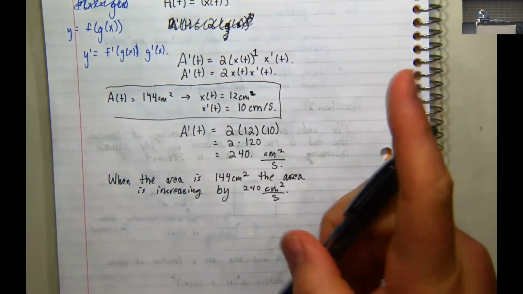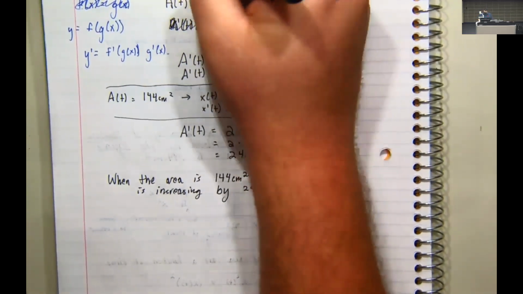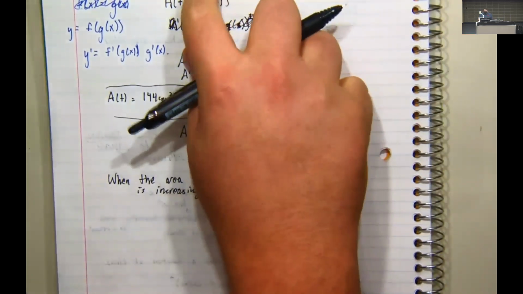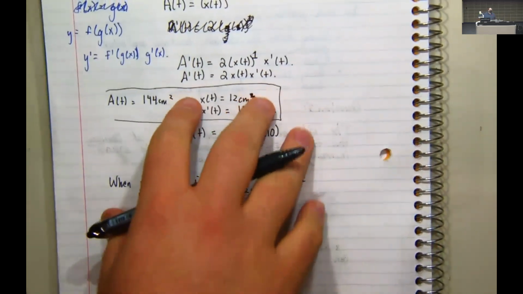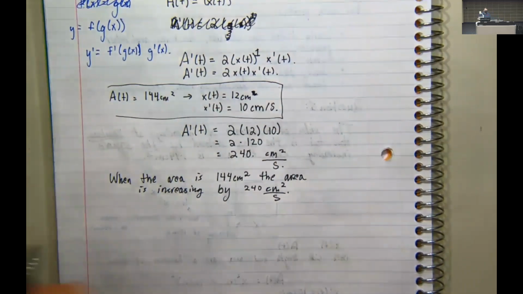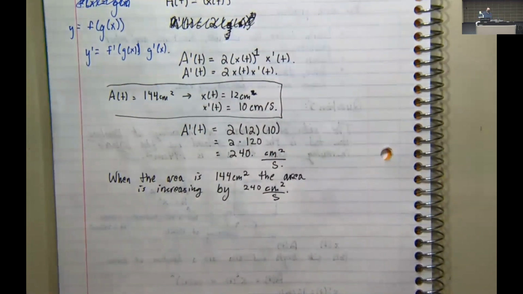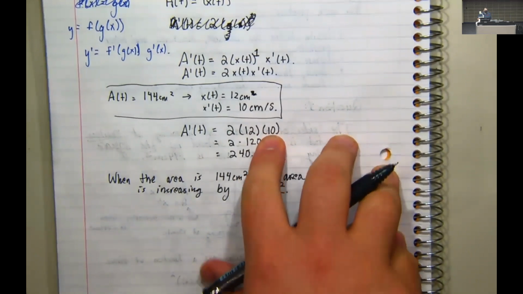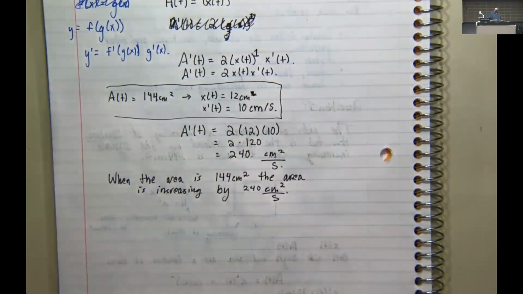We don't actually know what x at t equals, so if we wanted to sub in t, that would be difficult for us to do here because we don't have the entire relations for x at t and A at t. It's just looking for the rate of change, which we were given as 10 for the side length here. Is that good? Cool. Any other questions?